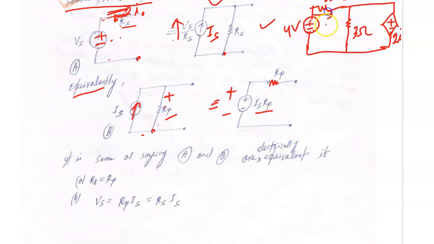I is the current flowing through this. And they ask you to find the value of current I. See, you can transform, but the end result will be wrong because the current is flowing through the 5 ohm resistor. If you transform into a current source, this branch is lost.